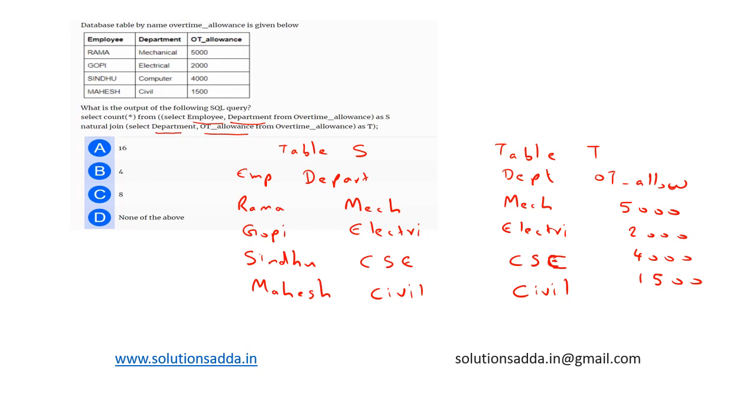Now we are performing natural join. When we apply natural join on S and T, it matches the common attribute department in both the tables and outputs the common tuples. So one match would be this, next match would be this, next match would be this, and next match would be this. So this would result in 4 tuples. So the correct answer is option B, 4.